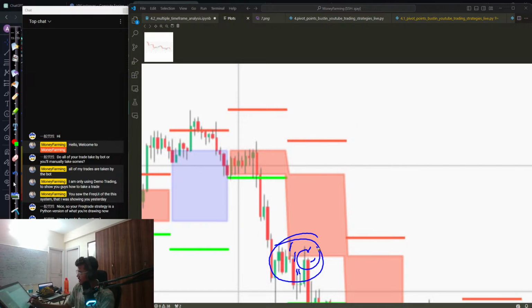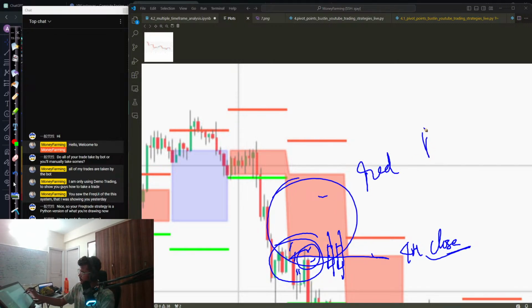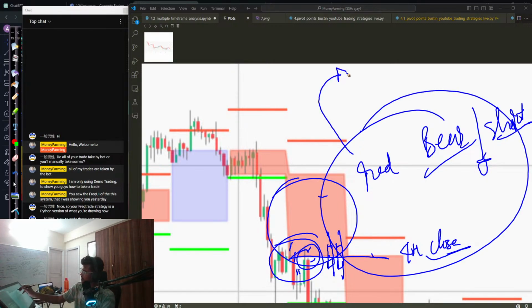If we see on the close one bull candle and one bear candle on the 4 hour close, and if that 4 hour close is a red bear candle, then we go short. And you can reverse it for a bull candle.